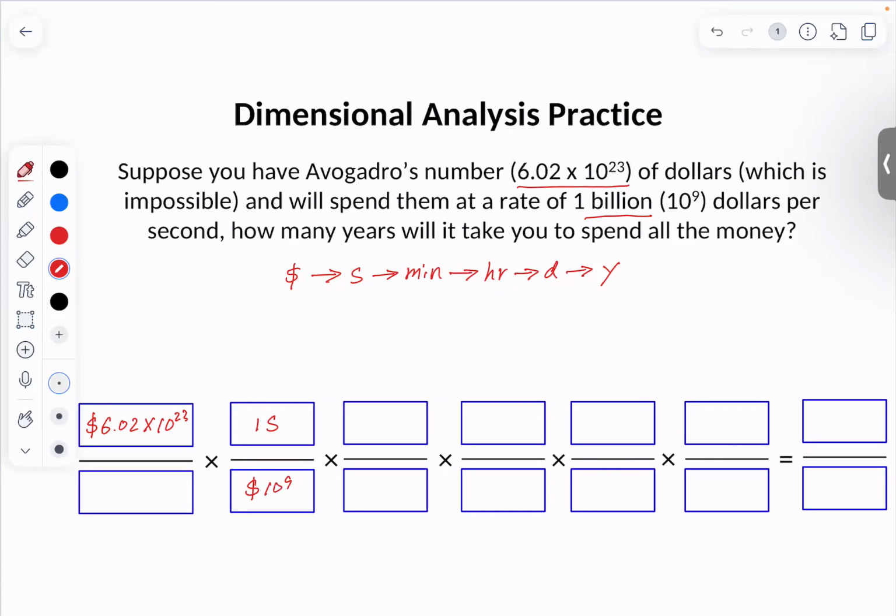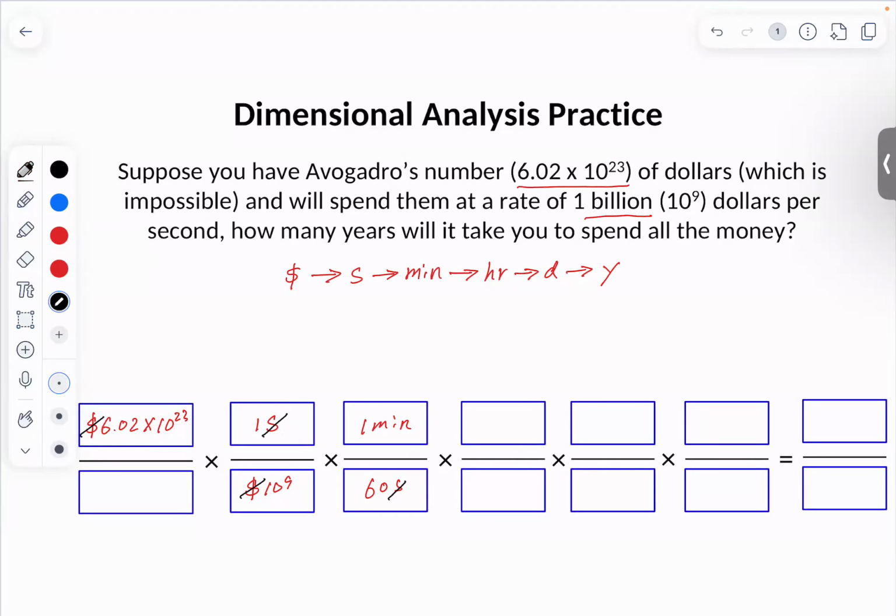In this case, we can cancel out the dollars to end up with seconds. Then we convert the seconds into minutes by multiplying by the second conversion factor, which is 1 minute over 60 seconds. So we can cancel out the seconds to end up with minutes.